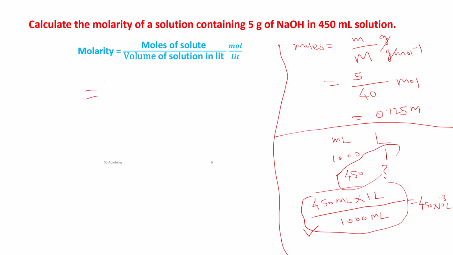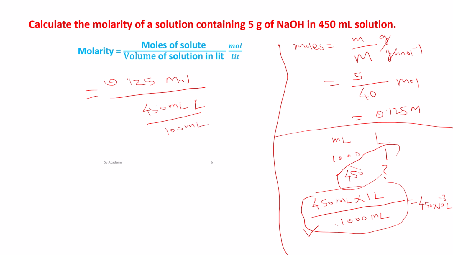So the moles of solute is 0.125 mole divided by 450 ml. This entire value is given in liter, that you have to understand. That's why we are using 1 liter per 1000 ml.